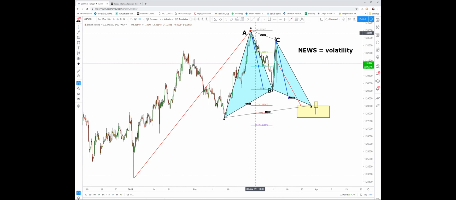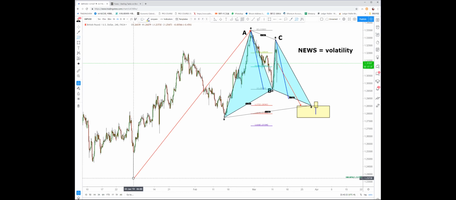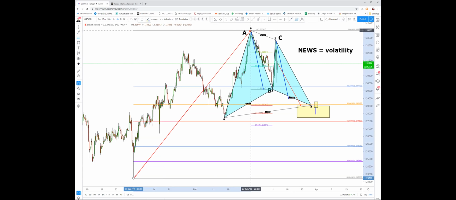This whole rally has been stopped because we can see that it's the second time it cannot break a new high. We have to measure the fib from here, from low to high. Where is the 618? At 1.2746.